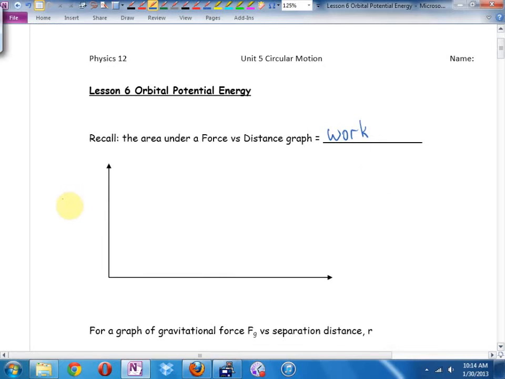In fact, if I call this F, if I call this D, and I stick some kind of a line like that, let's call that right there point A. Let's call that right there point B in our lovely little sketch.